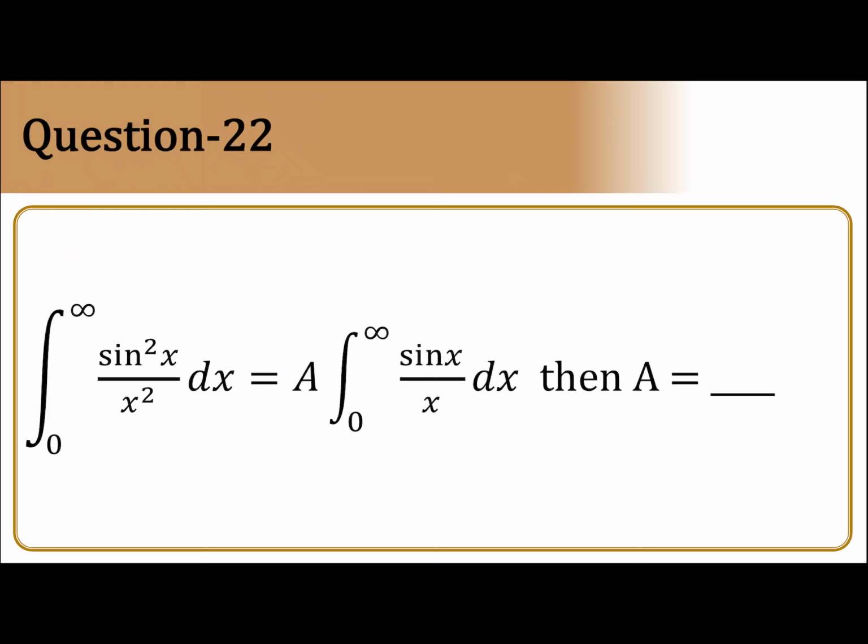Main idea behind it is that you have to take integration by parts. So sine square x will become the first function, 1 by x square the second function. Then you have to proceed to bring it into this form. Let us do it.